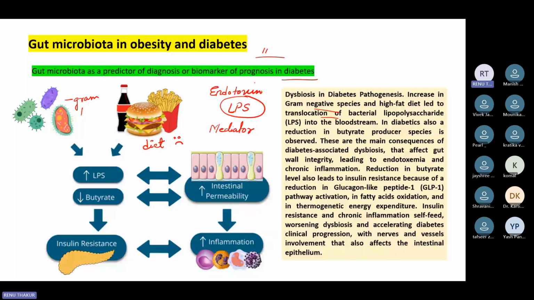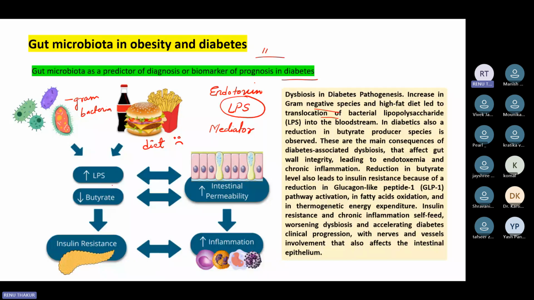So both these factors, the increase in the population of gram negative bacteria, as well as a diet rich in fat and carbohydrate, will ultimately do what? It will increase the lipopolysaccharide in your blood.